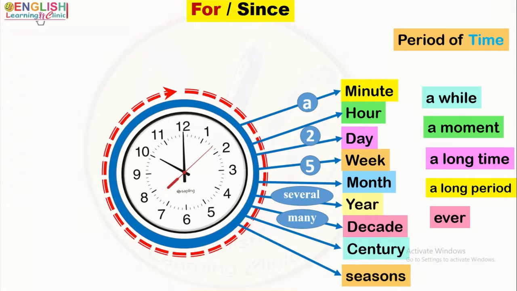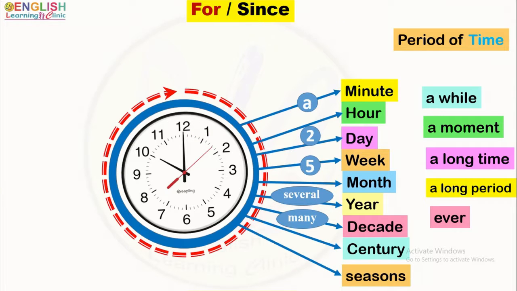Now look, in this period of time, there are so many points which show the starting point of the action. This is a point, this is a point, this is a point. All these are the points which make the whole period of time. So, it indicates the starting point of any action.